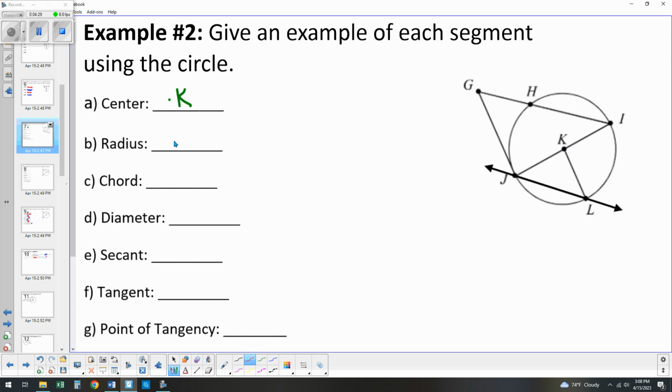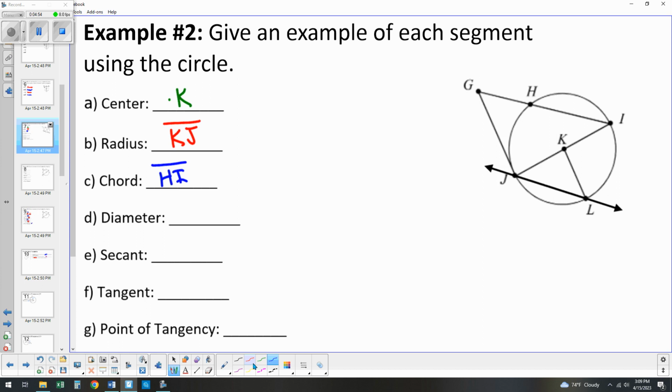So let's just say KJ. And that's a segment. A chord has endpoints on the circle. And while JI is in fact a chord, it does go through the center, so I would probably call that a diameter instead. So we could say segment HI or segment JL. So let's go HI.